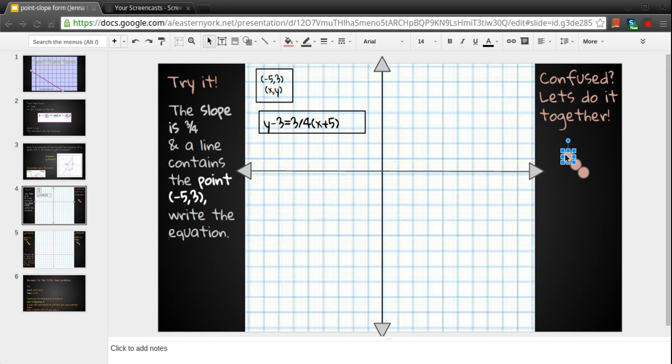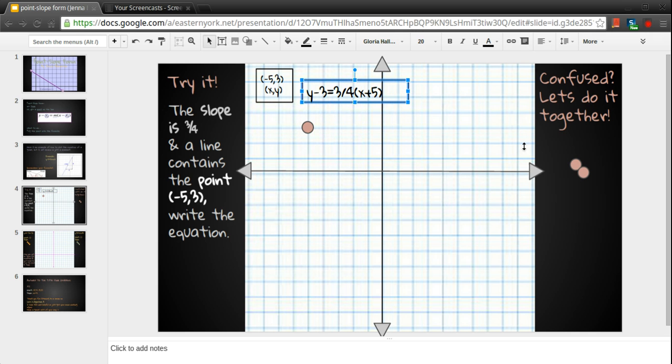So our point is -5. So 1, 2, 3, 4, 5. And 1, 2, 3. Oopsies. Move it up a little. And our slope is 3/4.